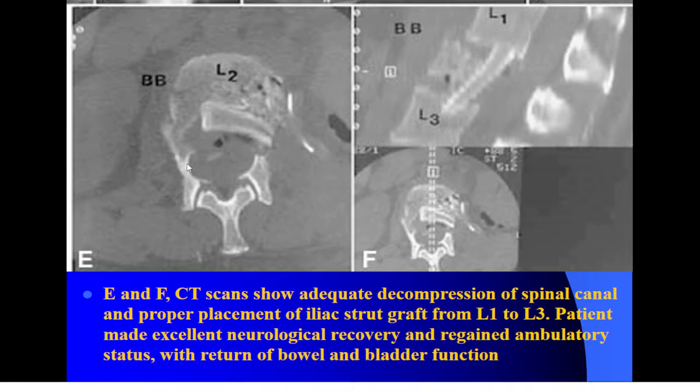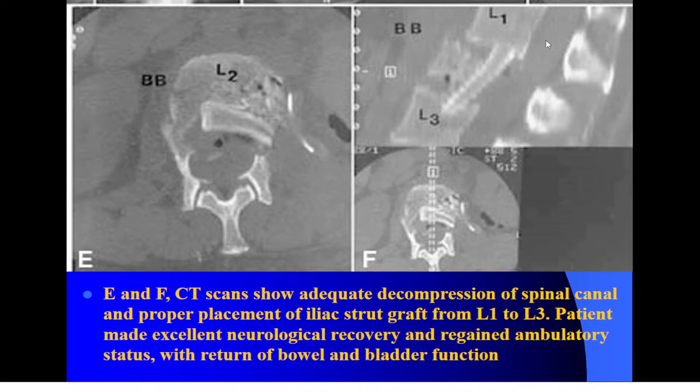So the size of the canal is completely restored, and I can tell you even more, it has become even bigger than it was initially. So the spinal cord is completely released.